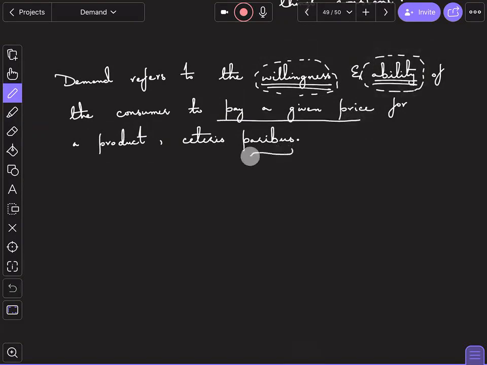Ceteris paribus. What is ceteris paribus, guys? Ceteris paribus is a Latin term, which means holding all other things constant, all other factors that can affect the demand.